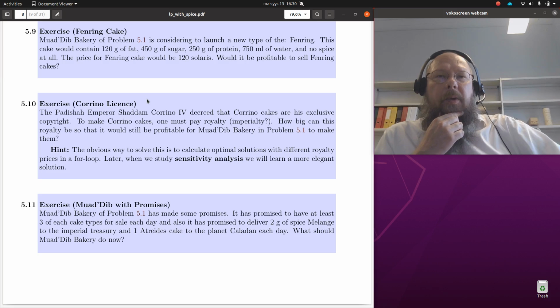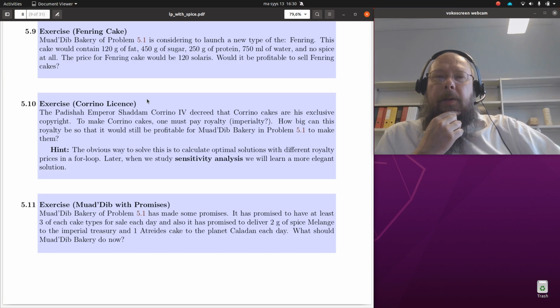And what is this cake? It would contain 100 grams of fat, 450 grams of sugar, 250 grams of protein, 750 milliliters of water, and no spice at all. So maybe this is a cake for people who don't like spice. And the selling price for this cake would be 120 solaris.